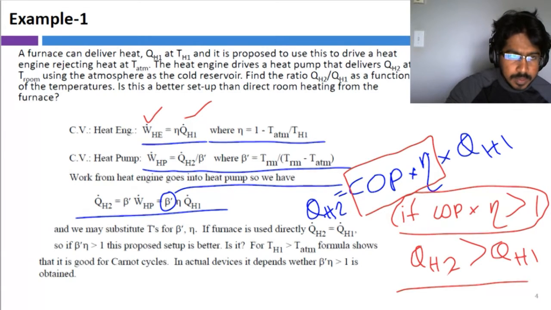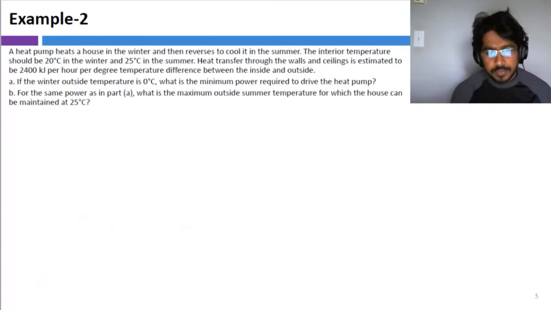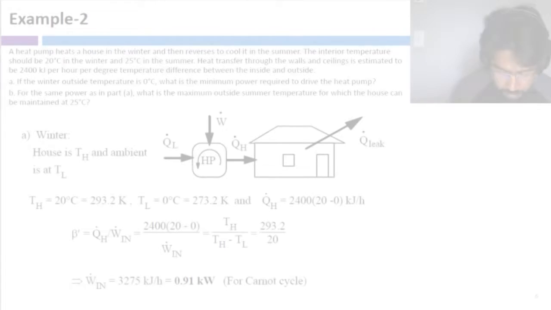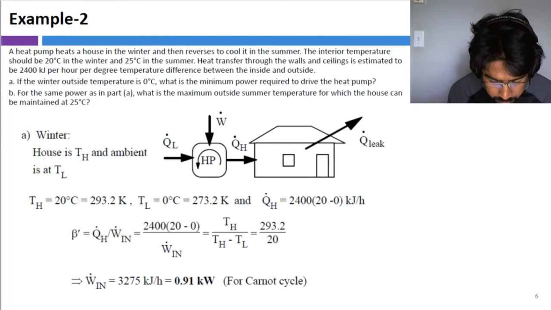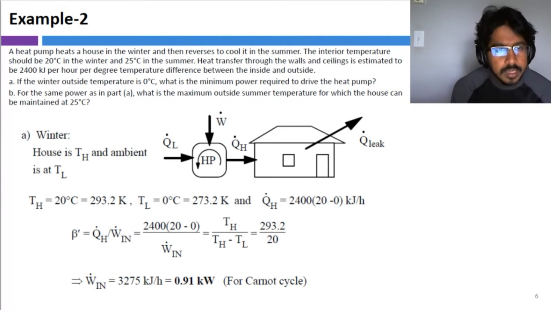Okay, now let's move on to question 2. Take about 5 to 8 minutes and try to answer part A. Okay. In this question, it says a heat pump heats a house in the winter and reverses to cooling mode in the summer, right?